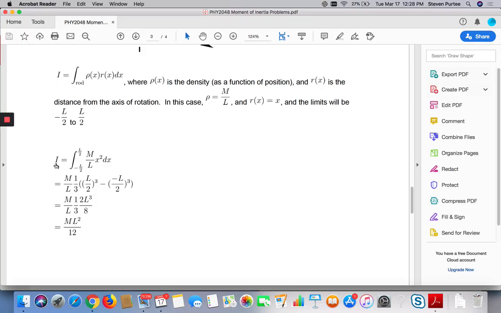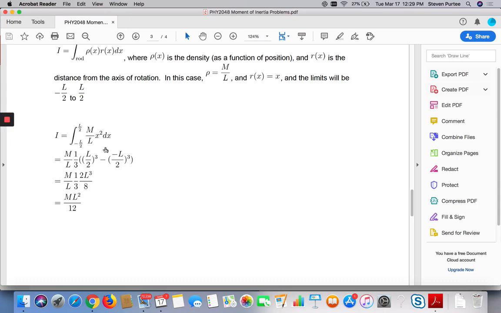So the moment of inertia will be this integral. And if we just do the integral, antiderivative of x squared is x cubed over 3. So there's our 1/3. Integrating from negative L over 2 to L over 2, a little bit of fraction work, we get mL squared over 12.